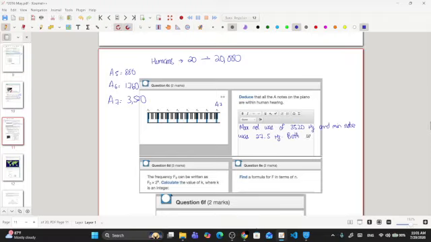Both are within the range of 20 to 20,000 hertz of human hearing. Alright, that's how we're supposed to construct our answer.